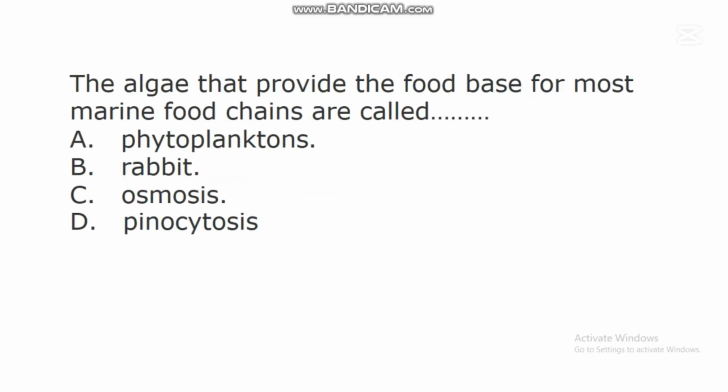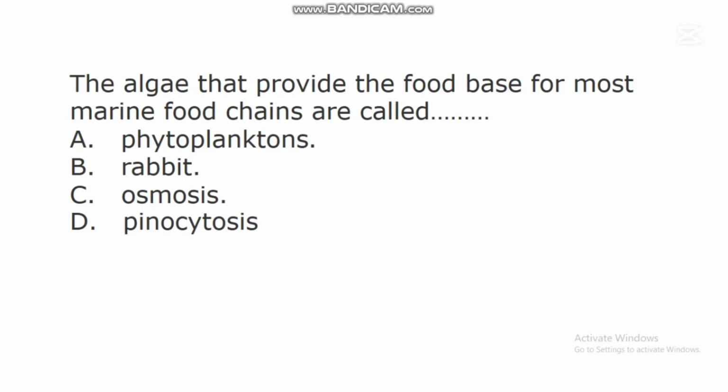The next question says, the algae that provide the food base for most marine food chains are called dash. A. Phytoplanktons. B. Rabbits. C. Osmosis. D. Pinocytosis.